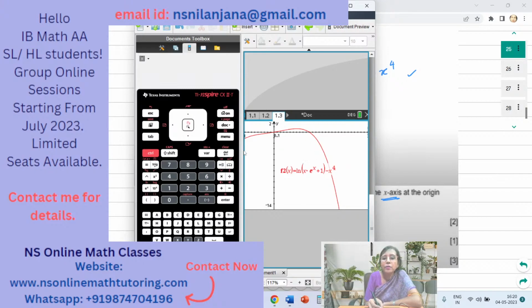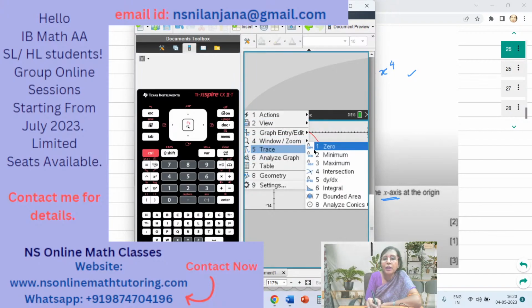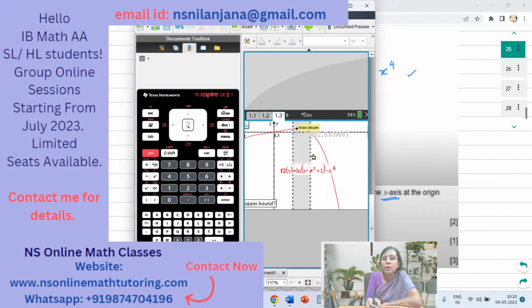And now we have to get the coordinates of the point A, which is the maximum. So analyze graph and maximum. This one is the maximum. Coordinates of the point A: 0.709, we will be taking up to 3 significant figures.